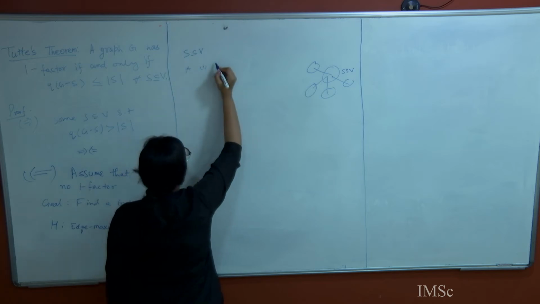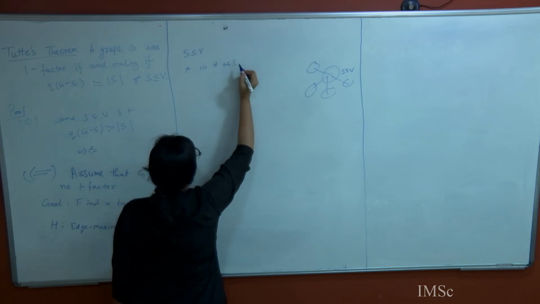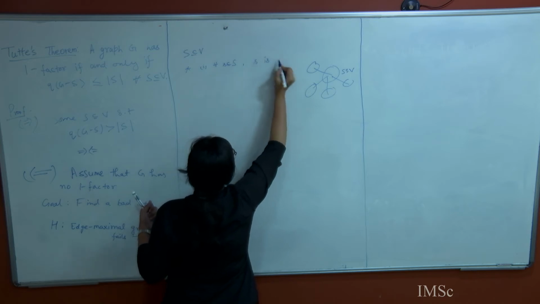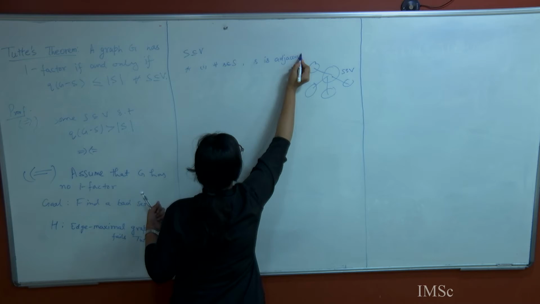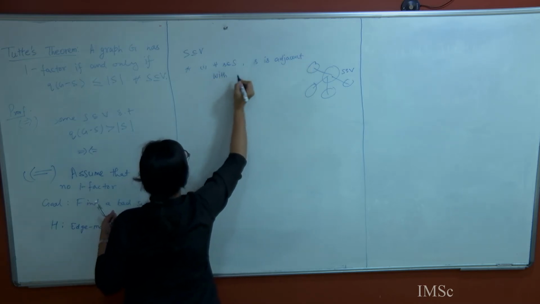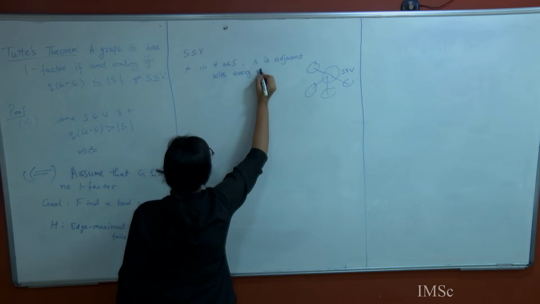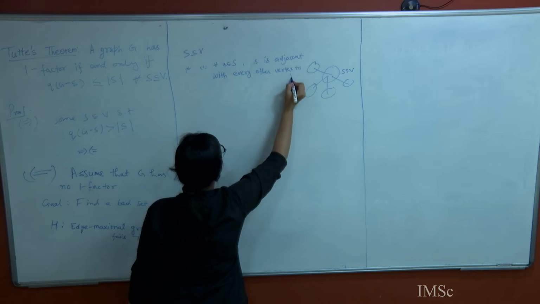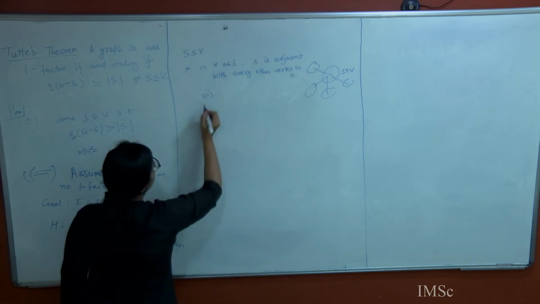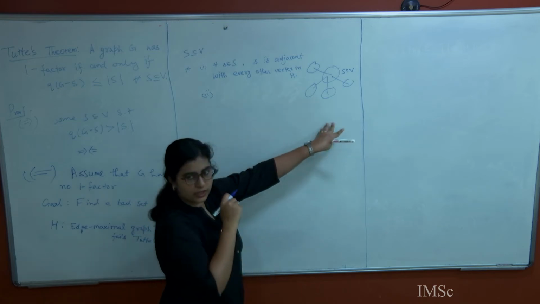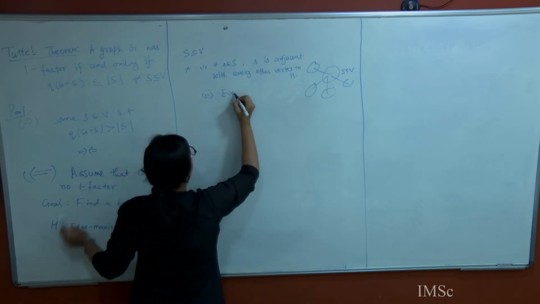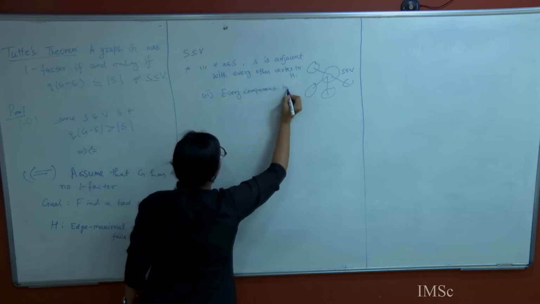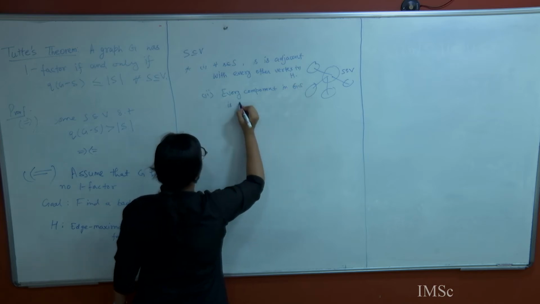One is that for every s in S, s is adjacent to every other vertex in the graph. And the second condition is that every component is complete, so every component of G minus S is complete.